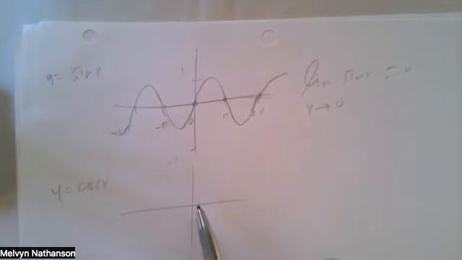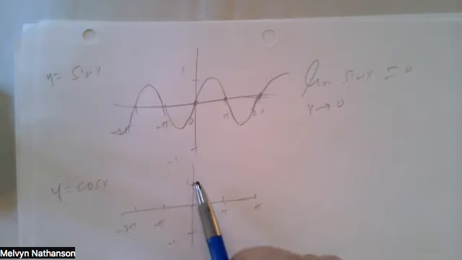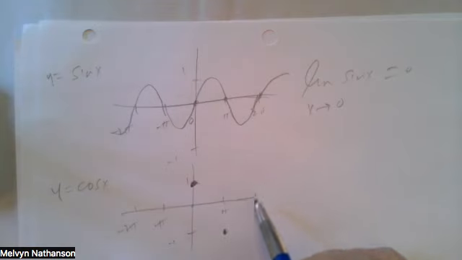You take y equals the cosine of x. This also goes from -1 to 1. At 0, the cosine is 1. At pi, the cosine is -1. At 2 pi, the cosine is 1 again.